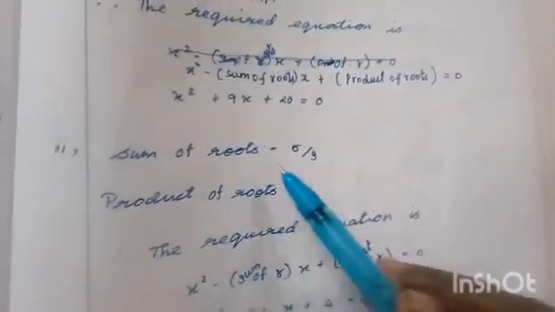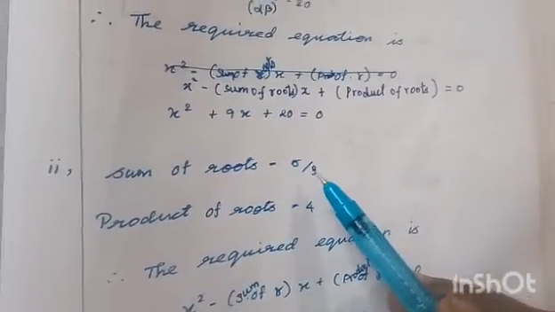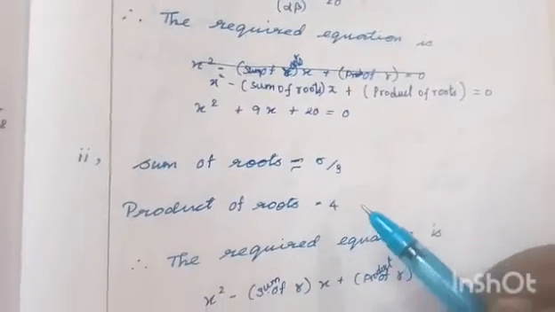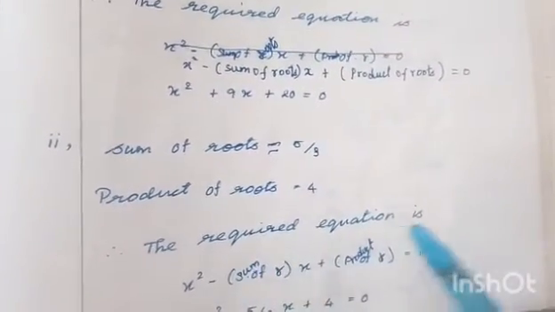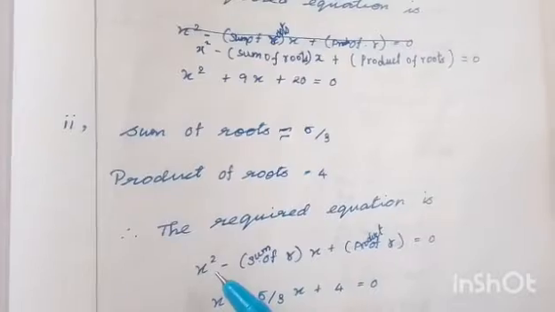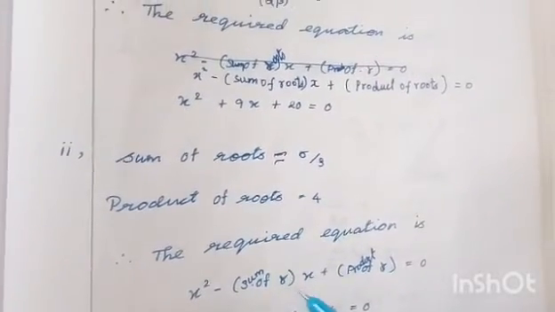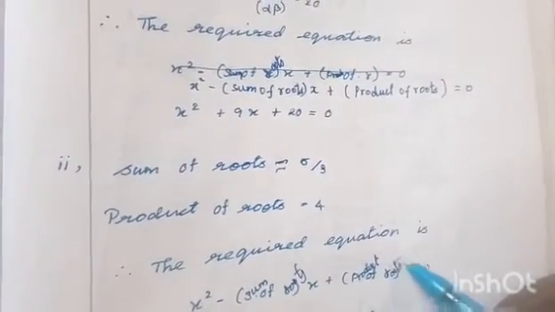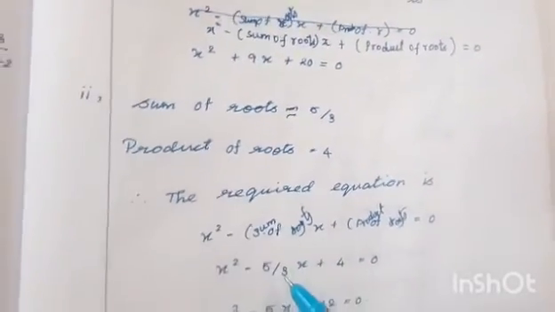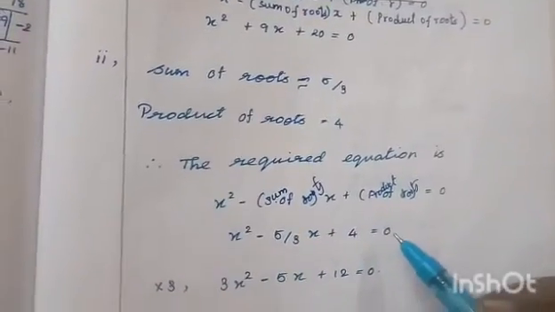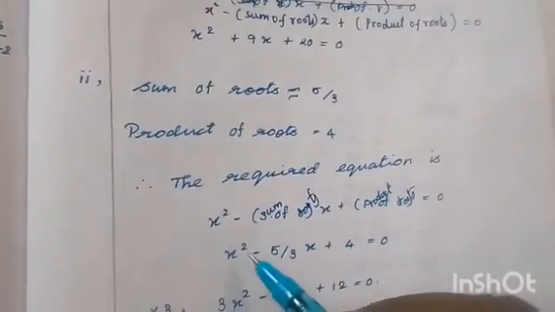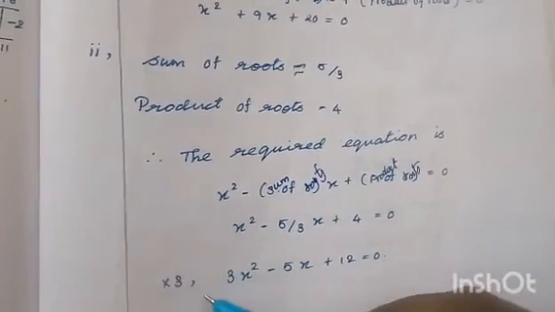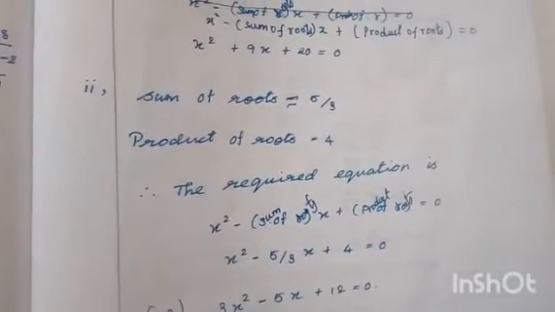The second problem: sum of roots is 5 by 3, and product of roots is 4. The general form is x square minus sum of roots into x plus product of roots. So x square minus 5 by 3 into x plus 4 equal to 0. You have to multiply both sides by 3, otherwise take the LCM.